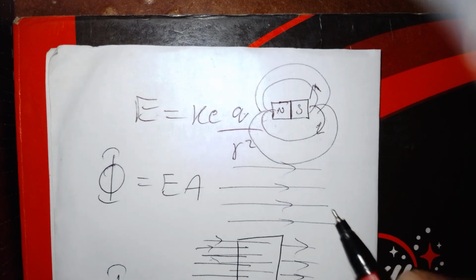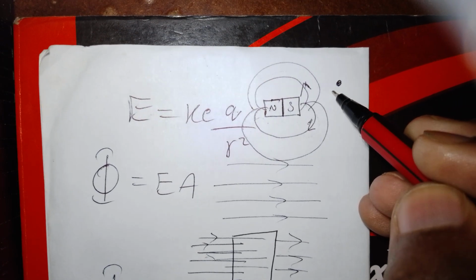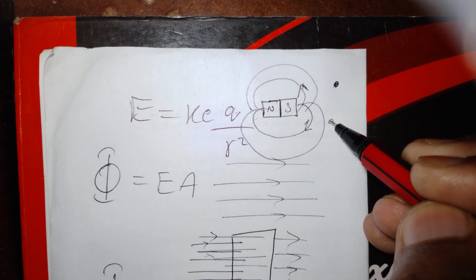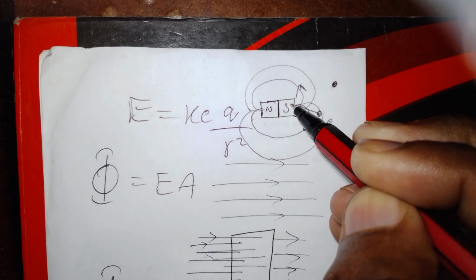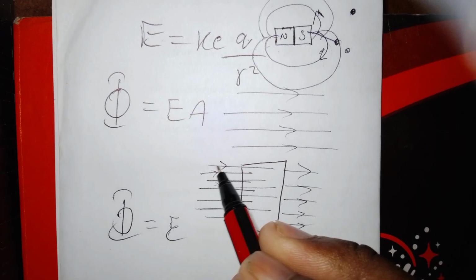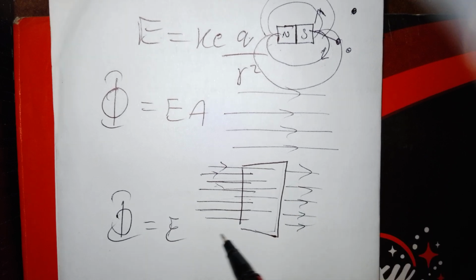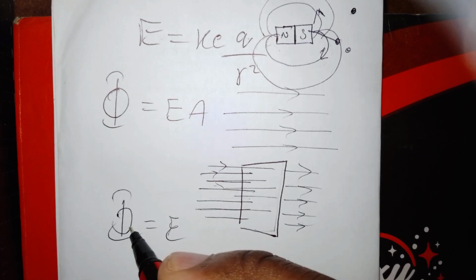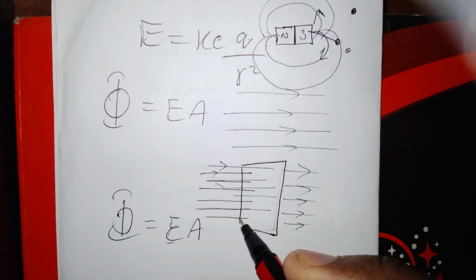If you add a metal outside the field lines, it won't get attracted, but as long as it is within the field lines, it will get attracted. In like manner, these are electric fields. So if this is your area, the electric flux will be the electric field times the area of the rectangle.